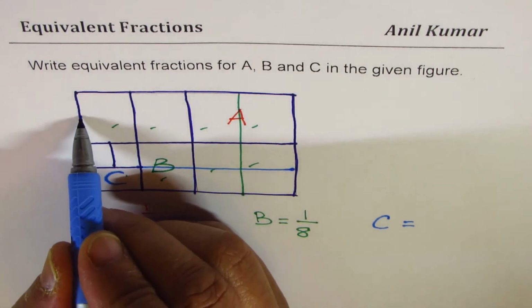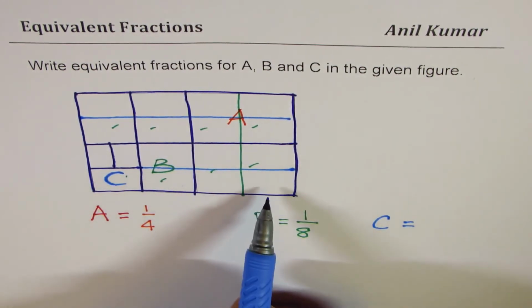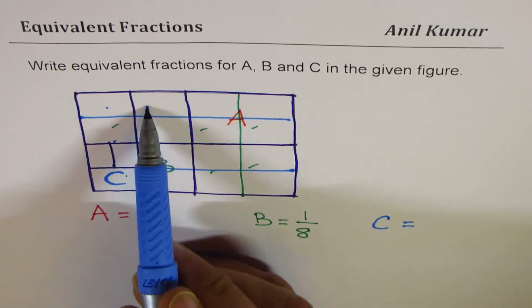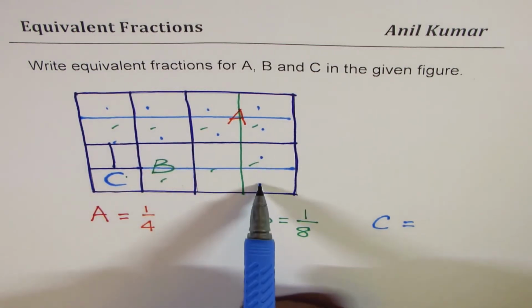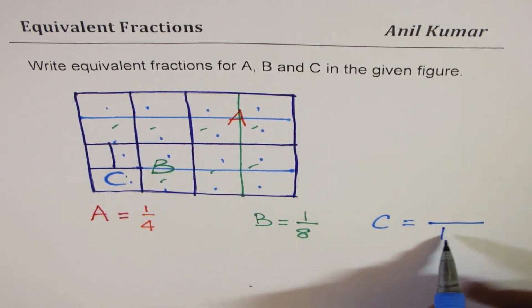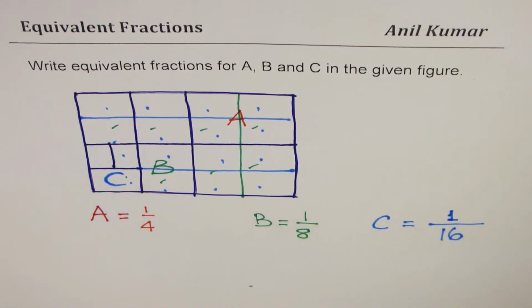Once I do that, how many of size C are there with me? 1, 2, 3, up to 16. So we have 16 in all, in which only one is marked as C, right? So that is how you can get these fractions.